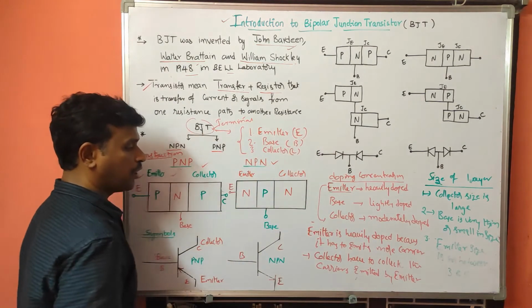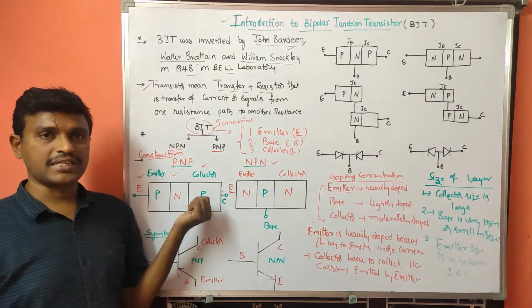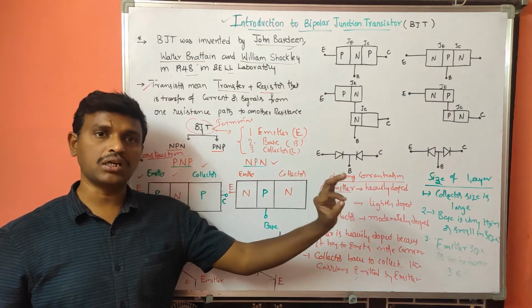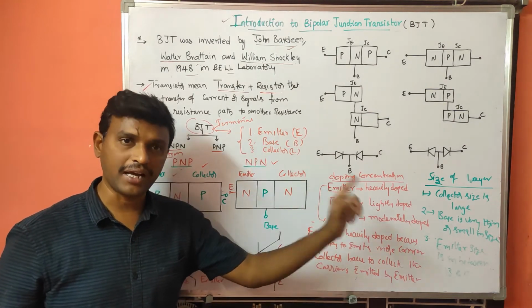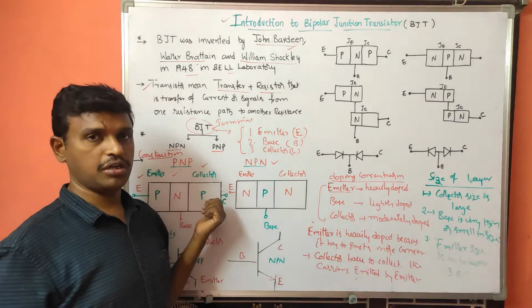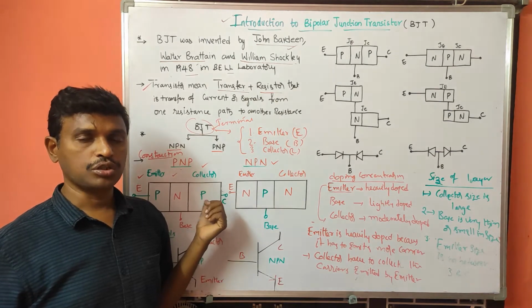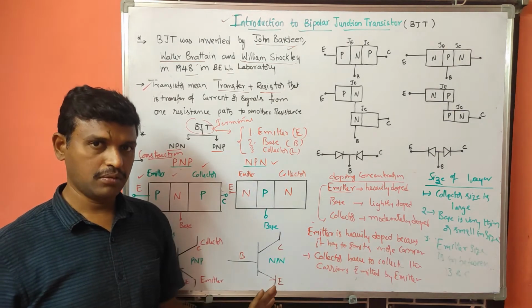This layer is called the collector because whatever carriers are emitted from the emitter will be collected by this region or this layer. So that's why it is called the collector terminal.